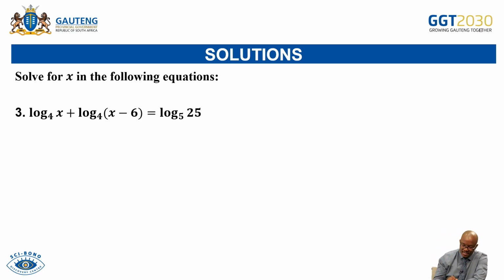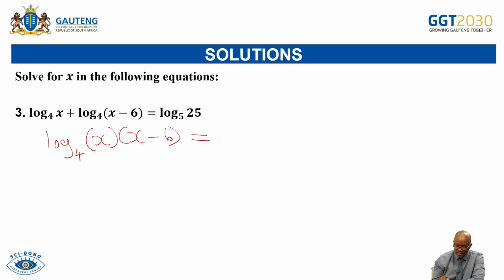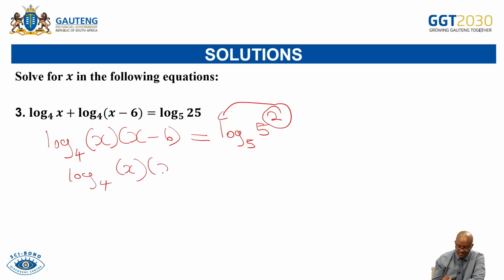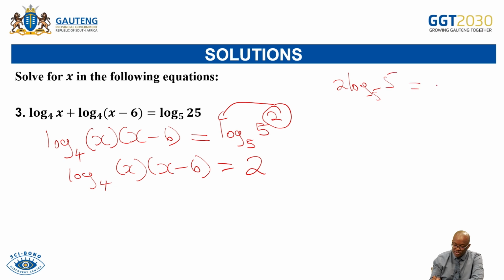So in this case, what we can do is combine them to say log base 4 of x multiplied by x minus 6 is equal to, on the other side we can solve it manually there, 2, because log base 5 of 25 is 2.